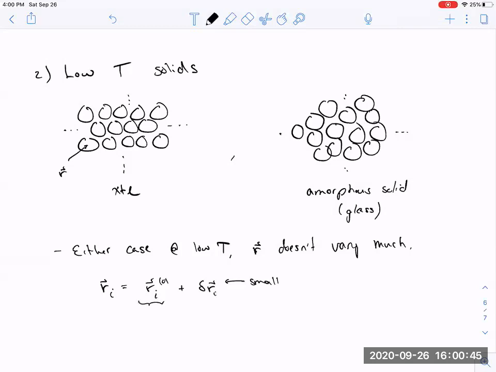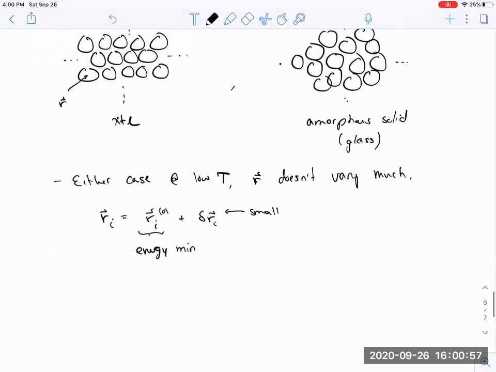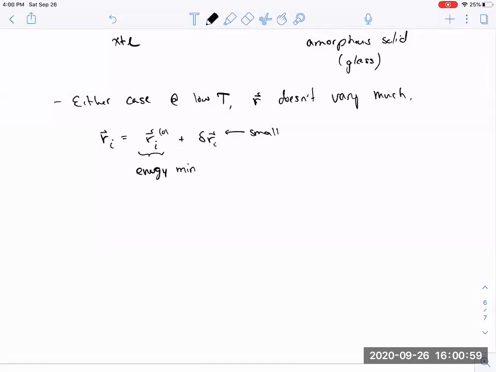And let's let this be the equilibrium or zero of energy position. All right, so if the positions of particles don't move very much, I can imagine asking for how the potential changes due to those small fluctuations in the position. There will be some 0th order term where all of the particles are at that energy minimum.